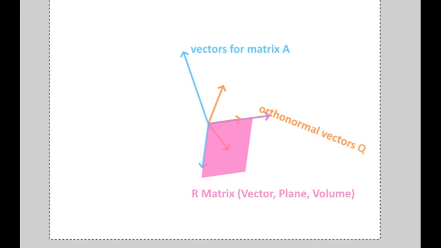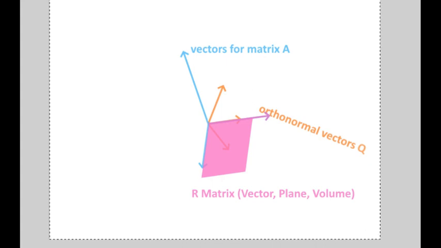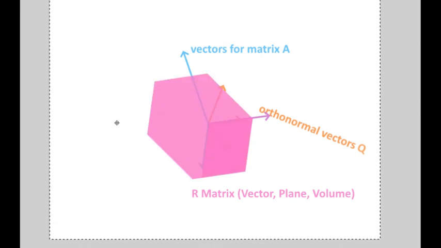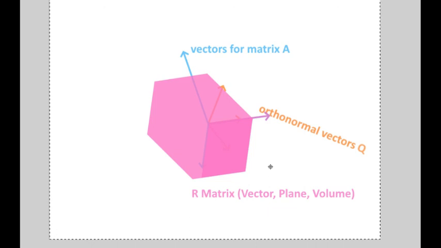Once you match the orthonormal vector Q to the vectors for matrix A, you end up with the matrix R, which is represented by a vector, a plane, and a volume.